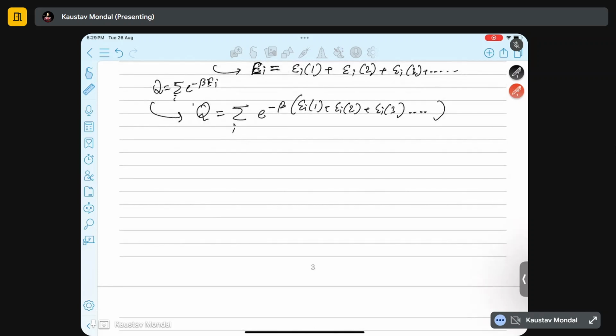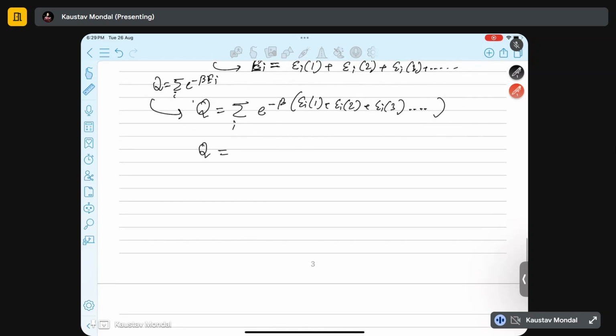Now what you can do is this summation over individual molecules. You can write it like this: e to the power minus beta Ei1, the summation over all possible states that can happen to the first molecule, multiplied by the same for the second molecule, the third molecule, Ei3, and so on.